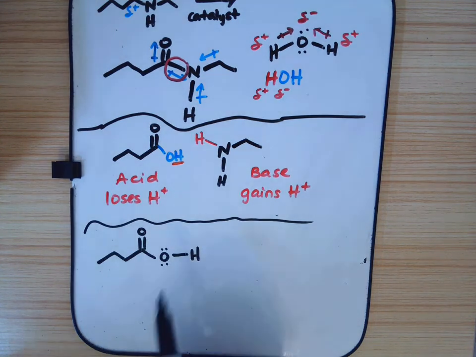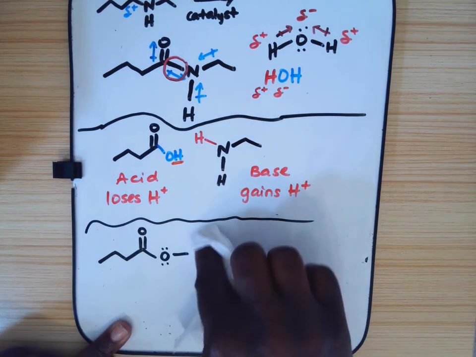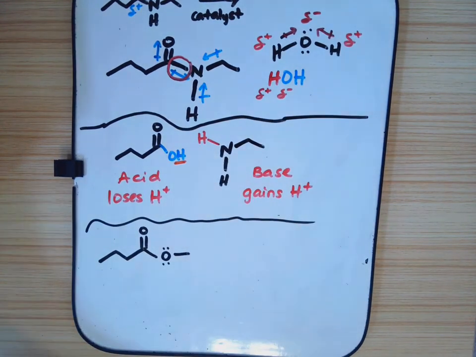Remember, anytime you see a bond between 2 atoms, that indicates that those atoms are sharing 2 electrons. However, in the case of a proton, that hydrogen cation means that the hydrogen doesn't have any electrons. So essentially, the hydrogen leaves behind that electron.